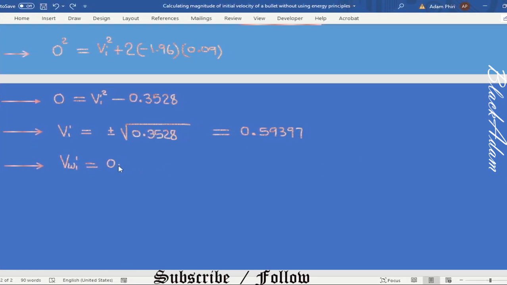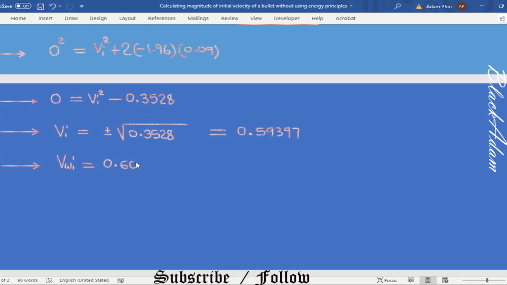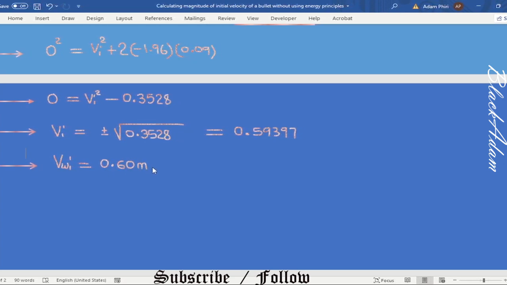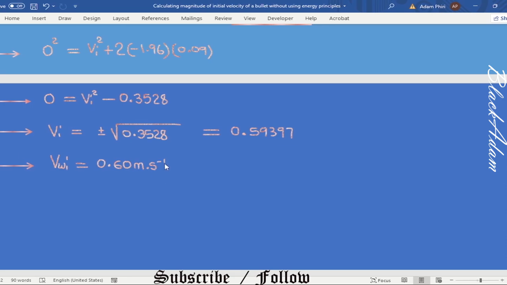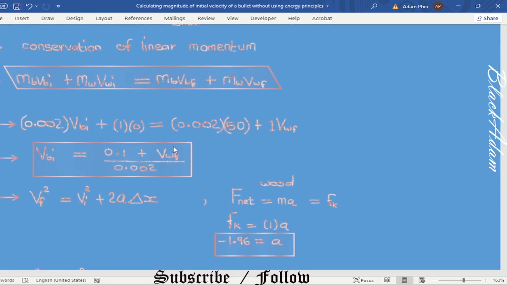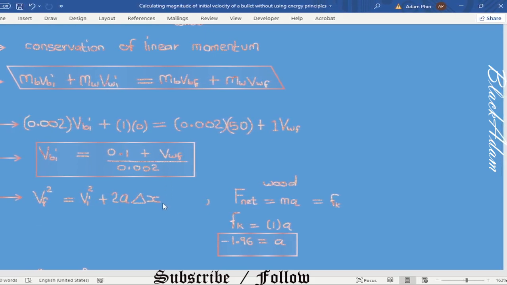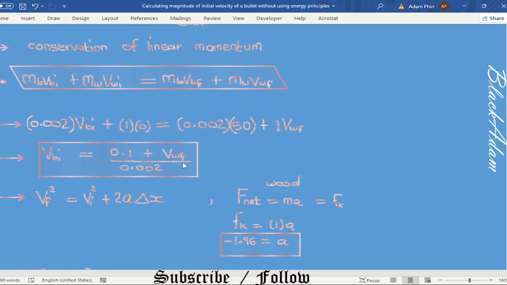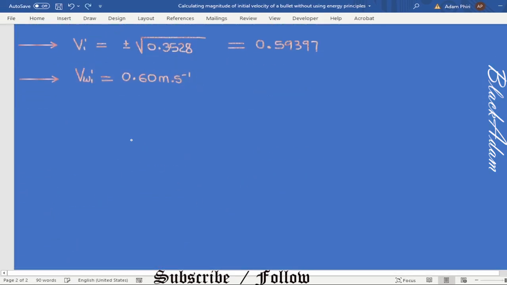So we have to translate that. Our final velocity now becomes our initial velocity. Remember, we have two processes: the collision, and then the process after the collision, when the object moves against the friction. So that is 0.60 meter per second.